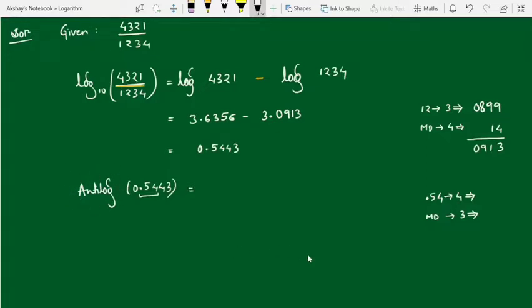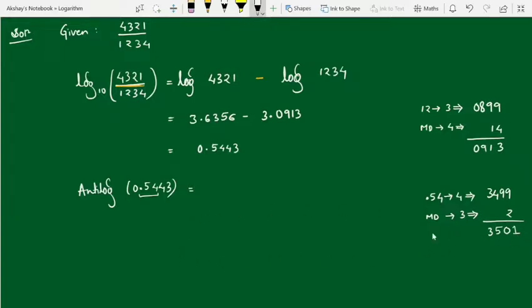So in anti-logarithm, 0.54 under 4, I am getting 3499. Okay, and the mean difference value is 2. For 3 value I am getting 2. So 3499 plus 2. So the value we are going to get is 3501.